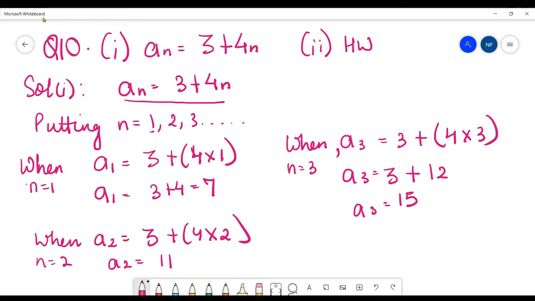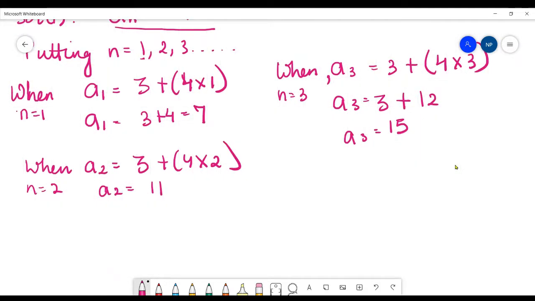Can we take out D as well? To check whether this particular assumption is correct or not, we are going to calculate D by using A2 minus A1 and A3 minus A2, so that we know that for every consecutive term, the difference is the same. A2 is 11, A1 is 7, so 11 minus 7 is equal to 4.